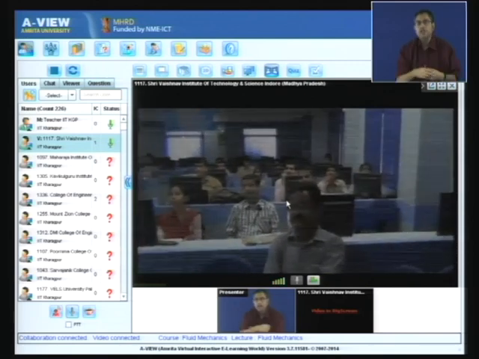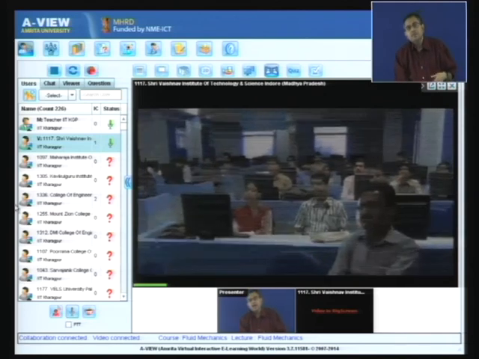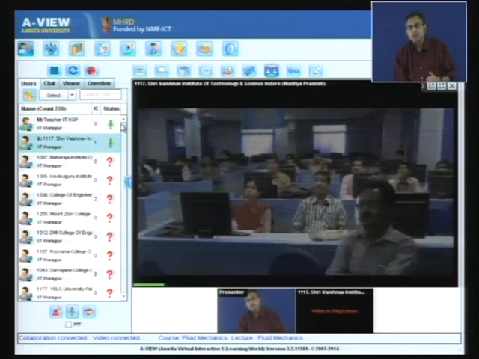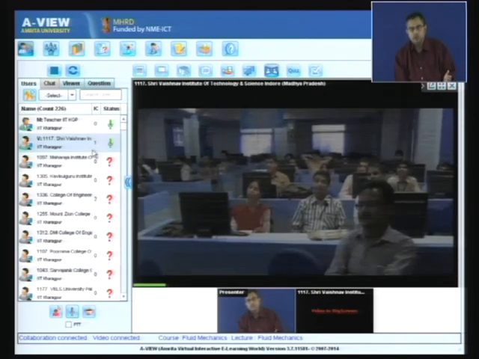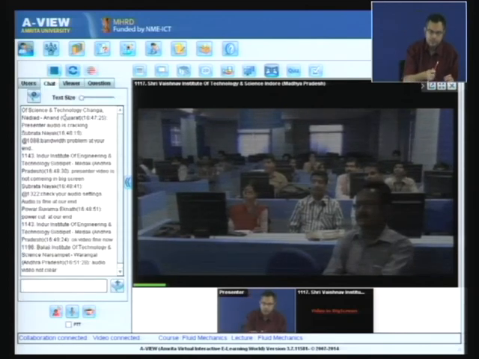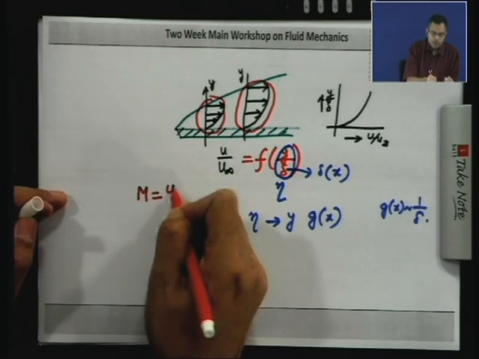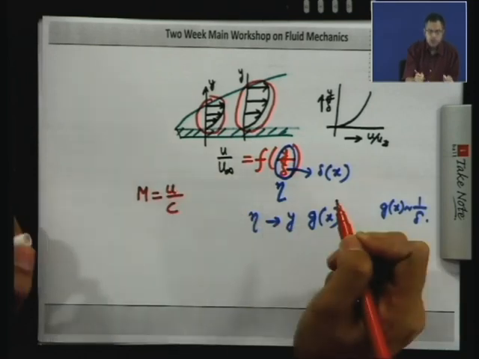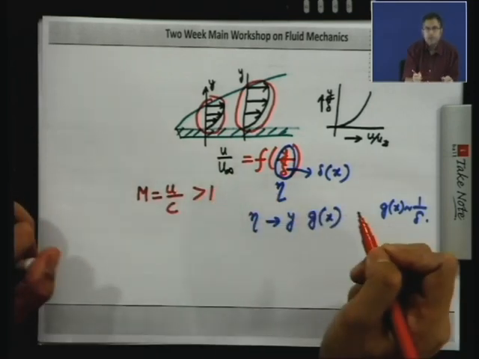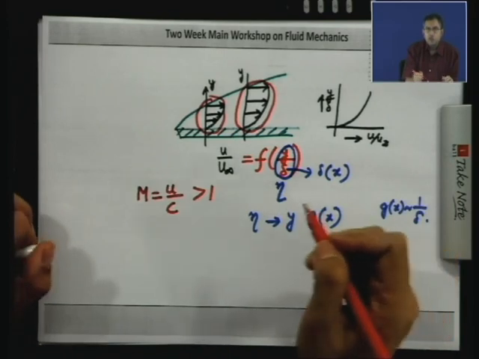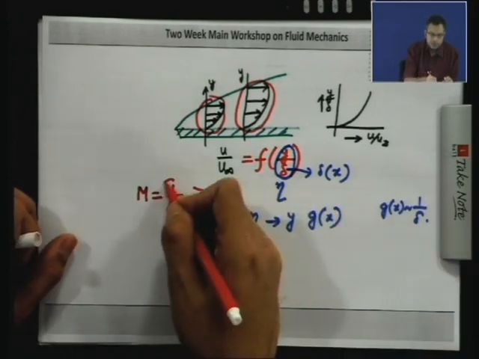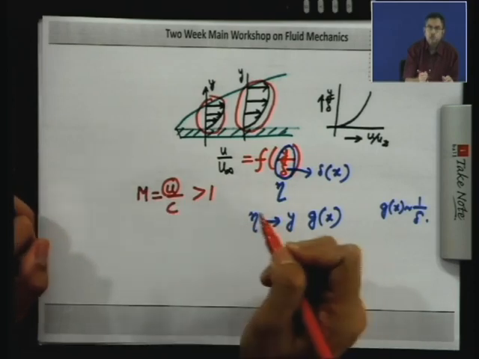So what happens actually is that the source of disturbance, if you consider the Mach number, is u by c. If Mach number is greater than 1, then the source of disturbance speed u is greater than the sonic speed.